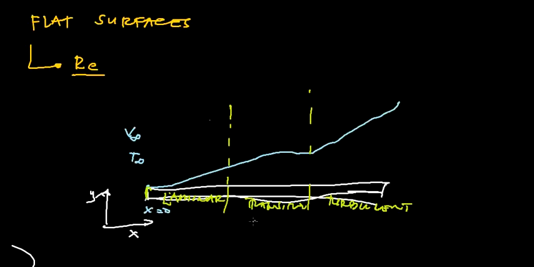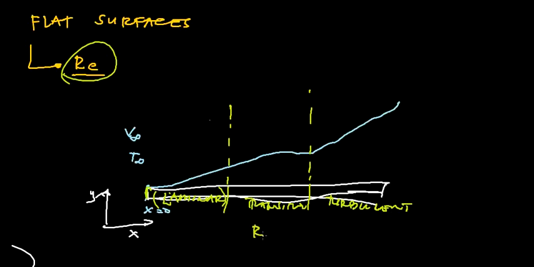Then the transition to turbulence may occur at this downstream location, at the right side of this flat surface, wherein our critical Reynolds number is achieved. Last time we used the Re number to determine the flow of our fluid, whether it is laminar, in transition, or turbulent.